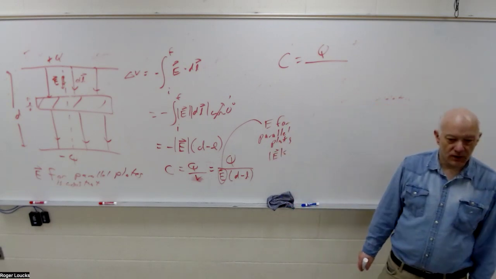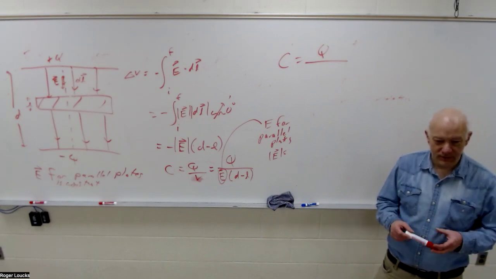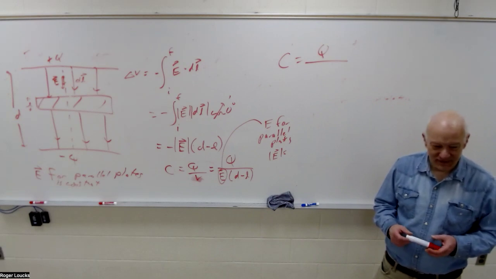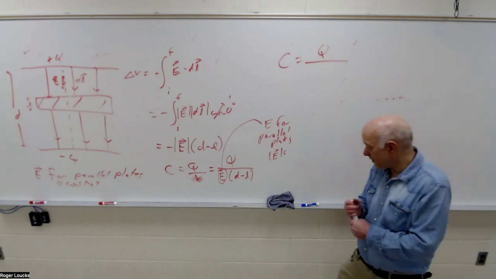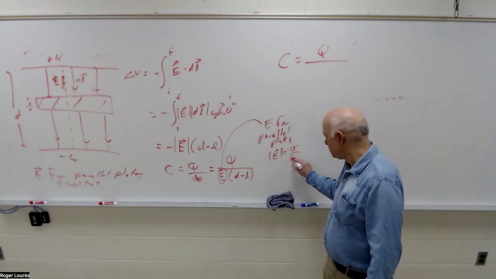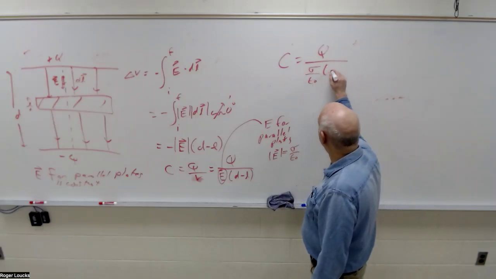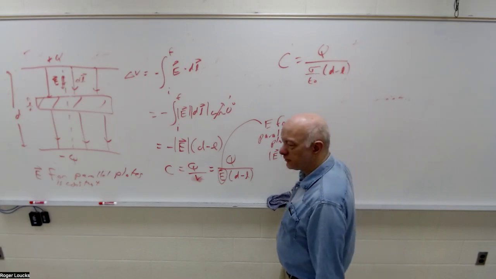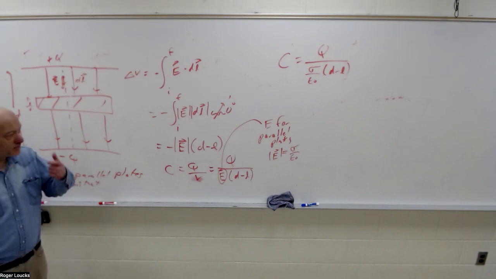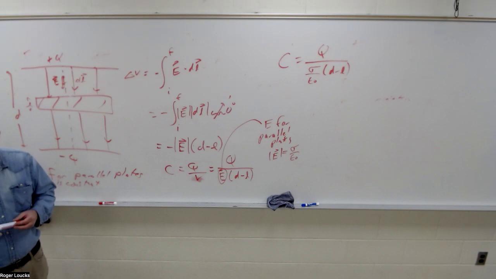Sigma over epsilon naught. You put that in here. How do we define sigma? Q over area.